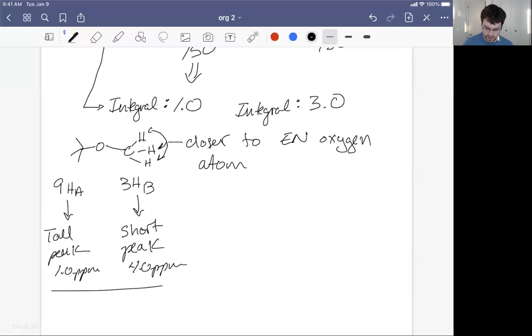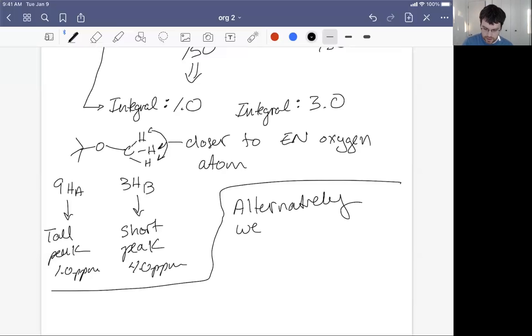Let's look at another example. Let's say that alternatively, we see, and for your future self, I'm going to say ignoring multiplicity, which will complicate this example. Let's look at an isomer.